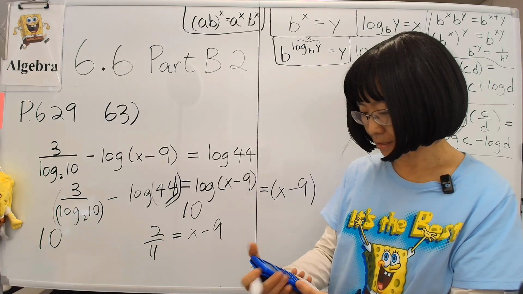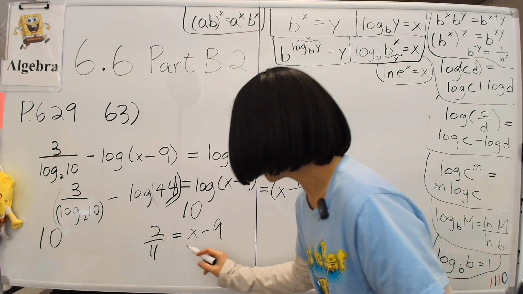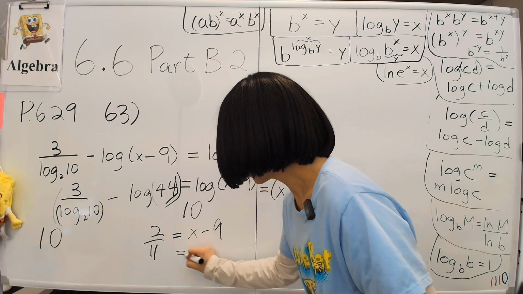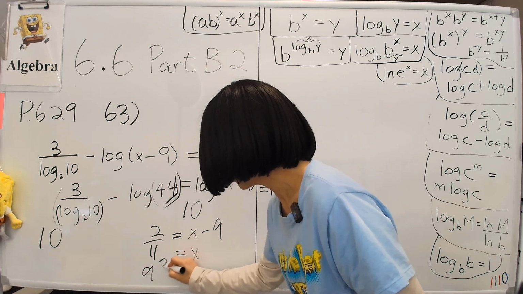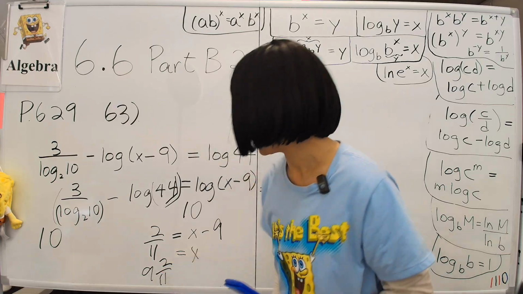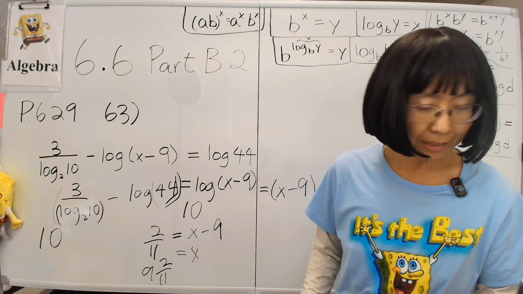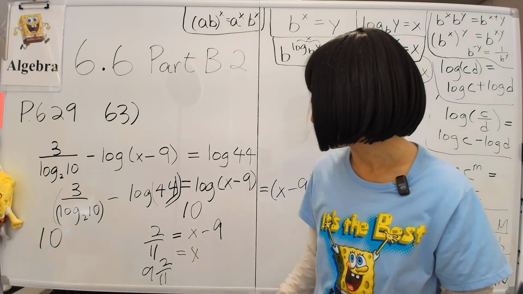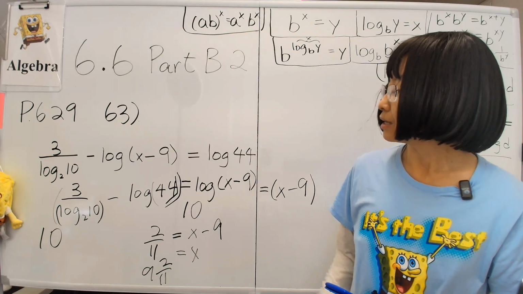Let me see. Actually, I think it's right. So x is equal to 9 and 2 over 11. That's 111 over 11, which is what the book says, because 9 times 11 is 99, plus 2 is 101... that is correct.